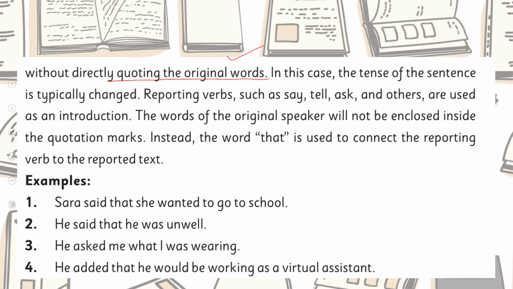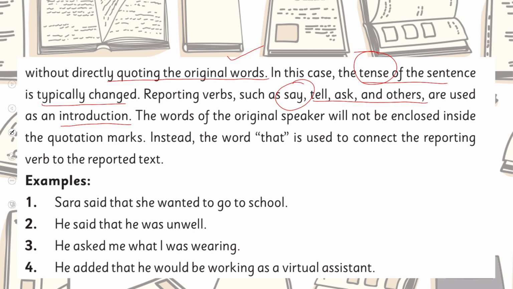Now, you will use your own words, but the message has to be the same. The message should not be changed. In this case, the tense of the sentence is typically changed. It means that we are going to work with tenses over here. The reporting verbs such as say, tell, and all these are used as an introduction.